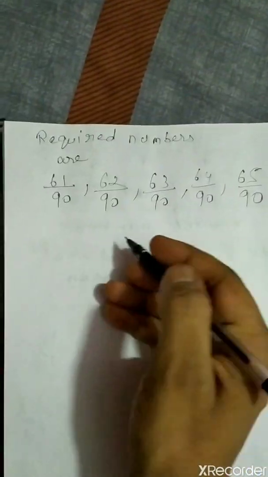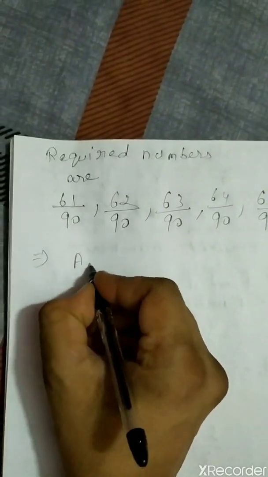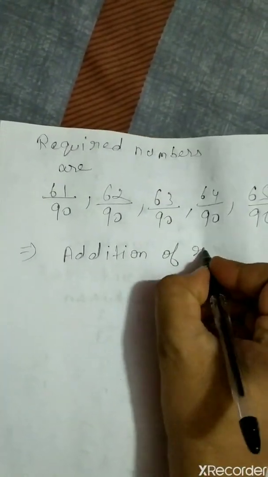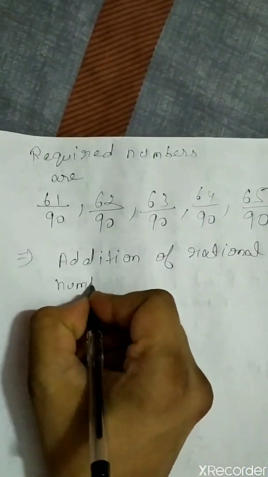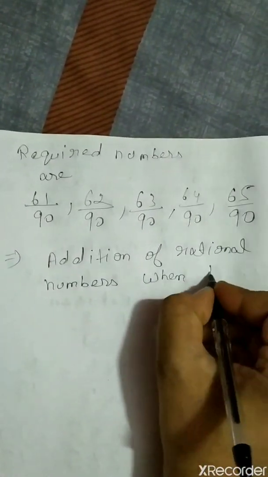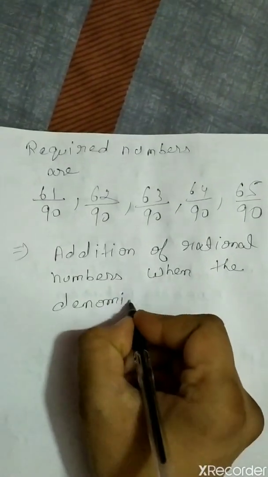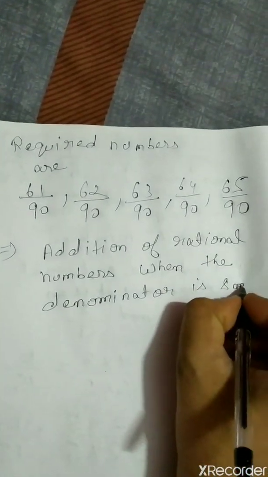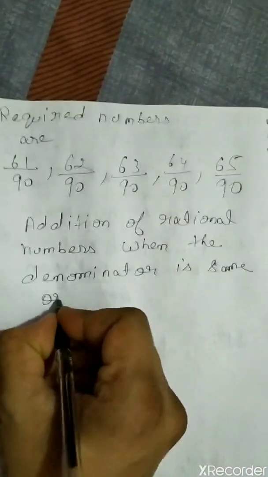Okay, now you have to see addition of rational numbers. The first point is addition of rational numbers when the denominator is same, or equal.